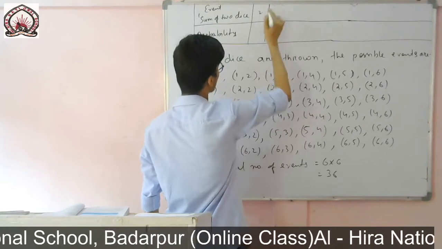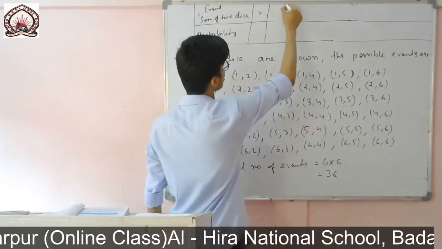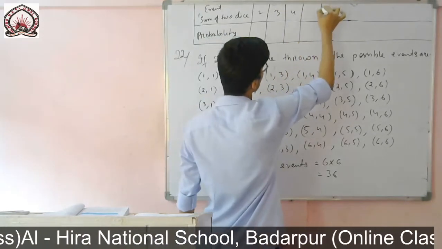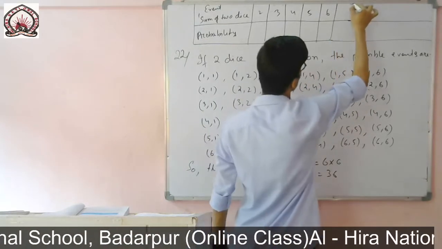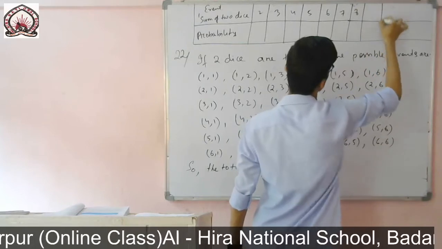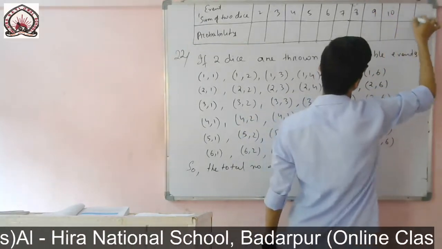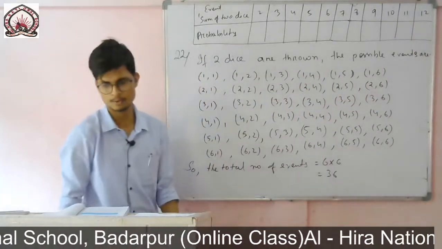So 2, but before that you have to write: 2, then 3, then 4, 5, 6, 7, 8, 9, 10, 11, 12, sum up to 12.